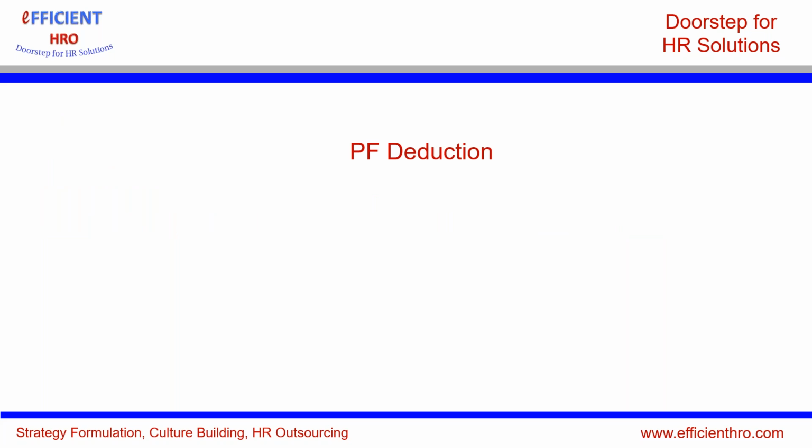Coming to PF deduction. As we discussed, there are two types of deduction: one is from the employee's perspective and another is from the employer's perspective. That becomes the contribution. Now when it comes to the deduction part, on which amount does the PF need to be deducted? PF can be deducted on actual gross.